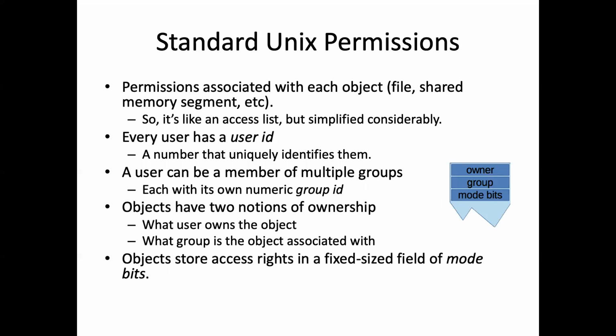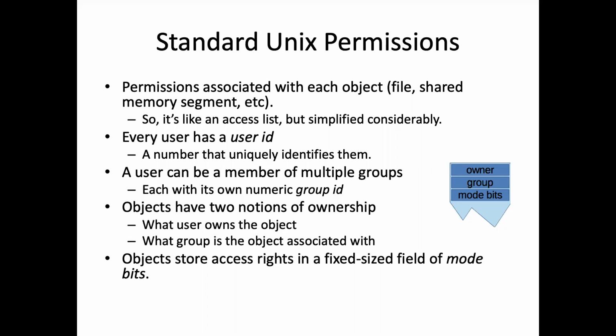If you look at the access permissions supported by a typical Unix system, it provides a mechanism for doing this, but it simplifies, for the OS, looking up a particular key. So it tries to make this efficient, and it tries to make it easy to store permission information for any object.